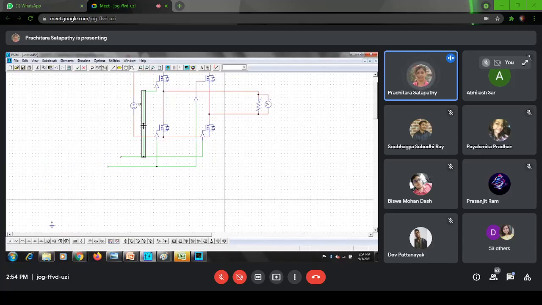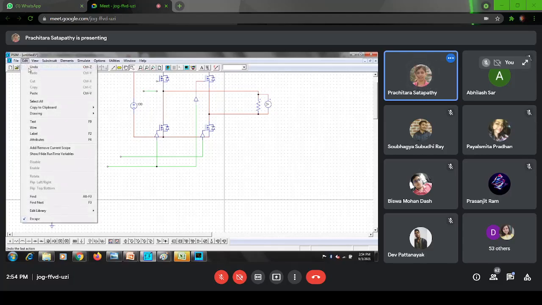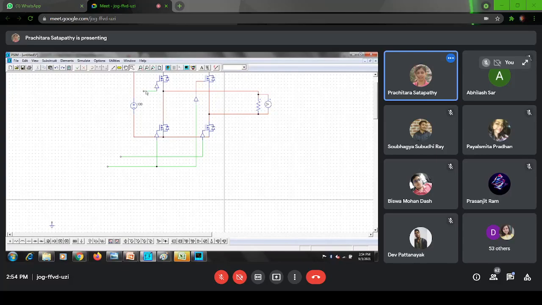I'm just deleting all the gate circuit part. Okay, so you need two comparators. Yes or no? Yes, ma'am.